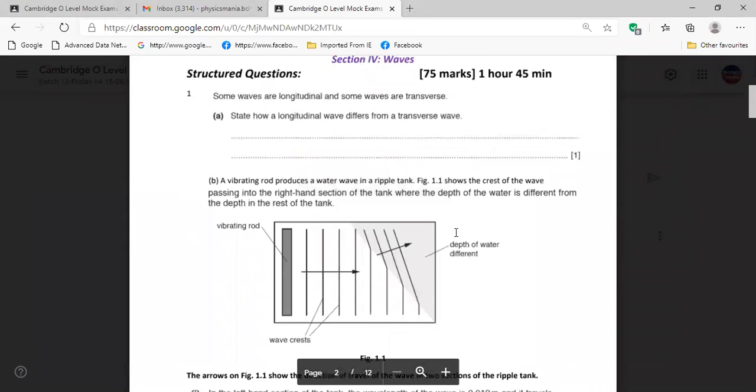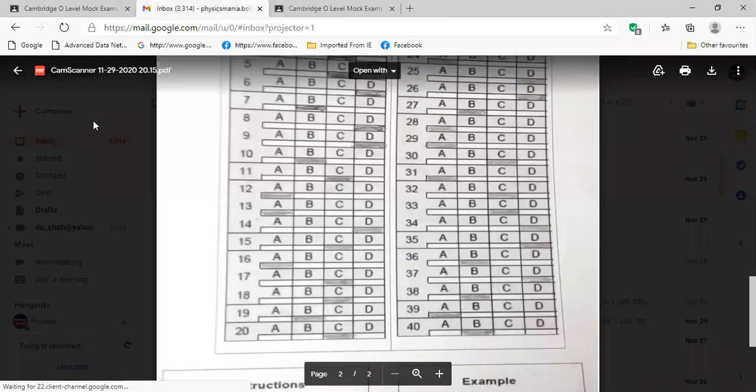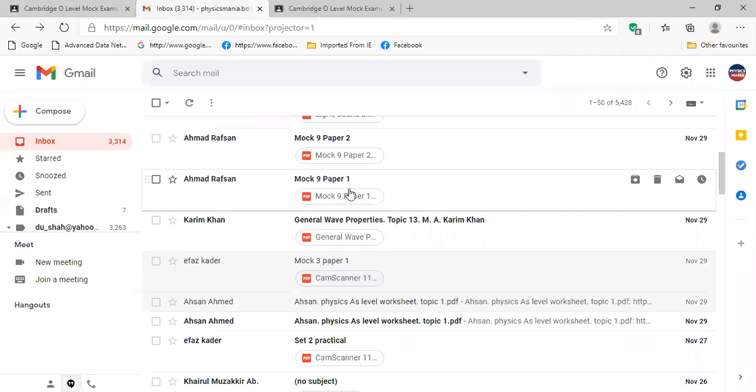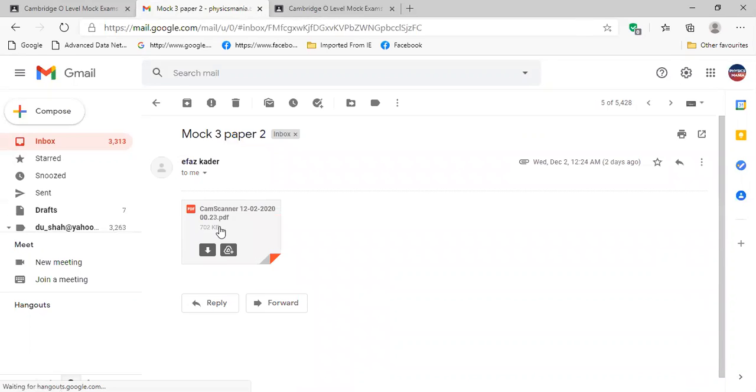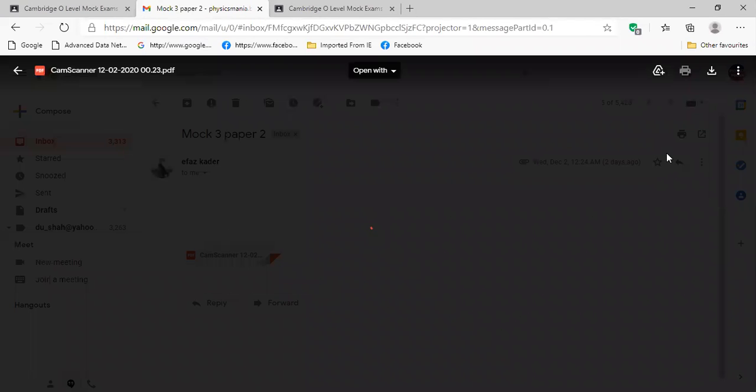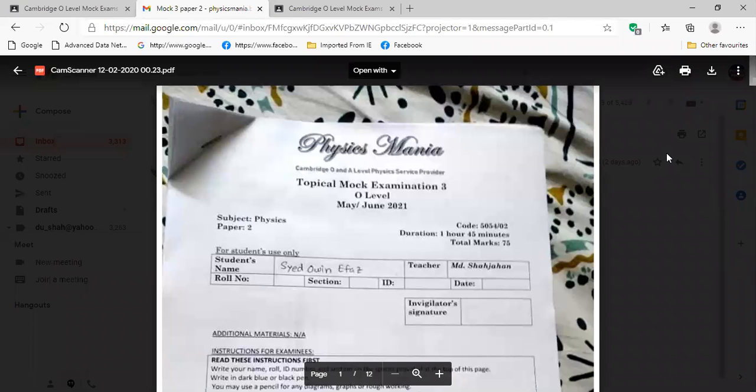So what you wrote, I'm checking here in the email. This is P1, P2.